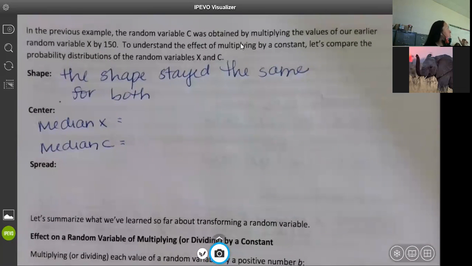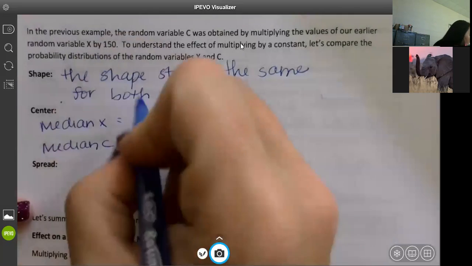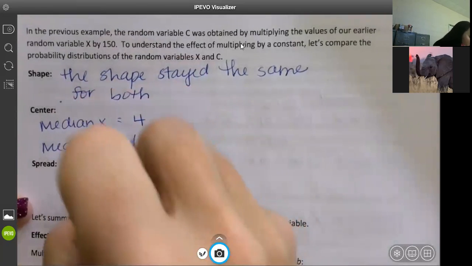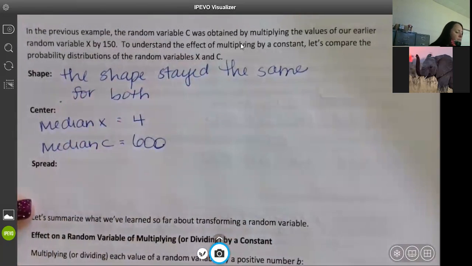If it's symmetric, we should use mean and standard deviation. If it's not symmetric, we want to use median and either the range or the IQR. But on this one, visually, this is going to be easier for you to see than using the decimals. So the median for X we said was 4, and the median for C was 600.